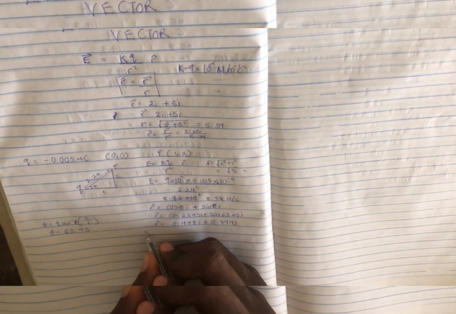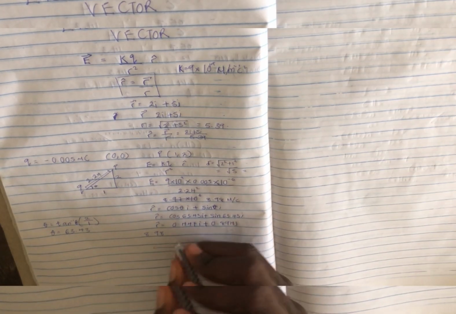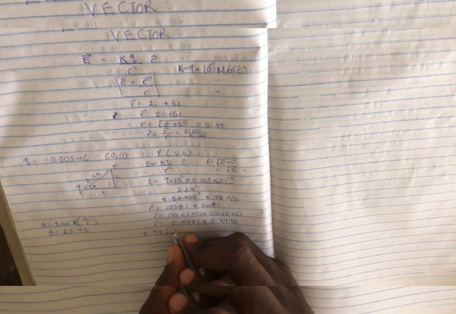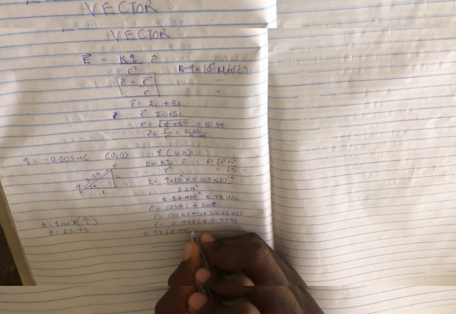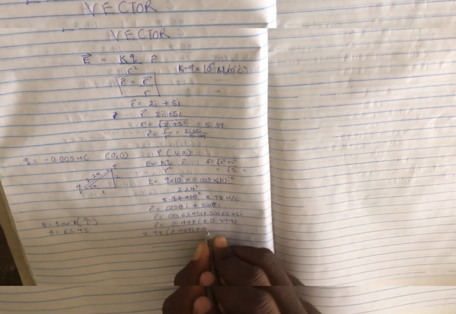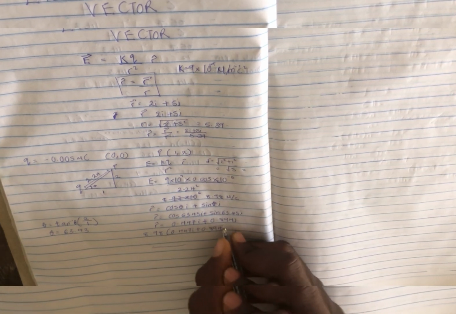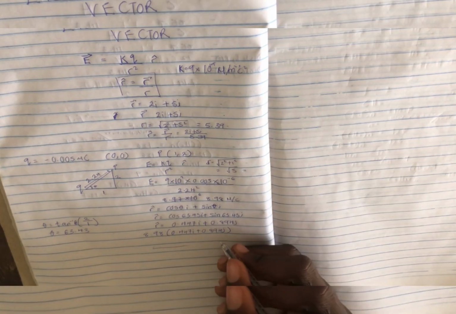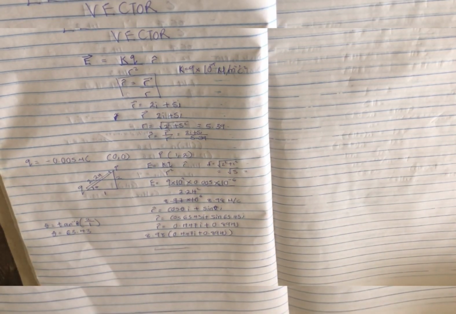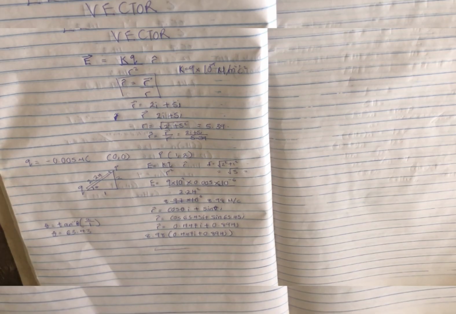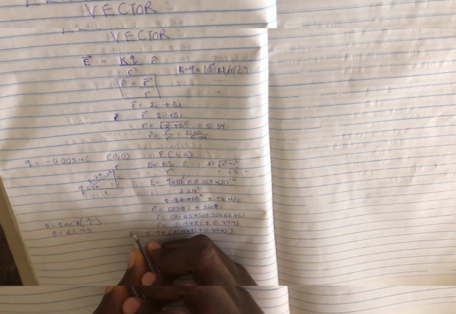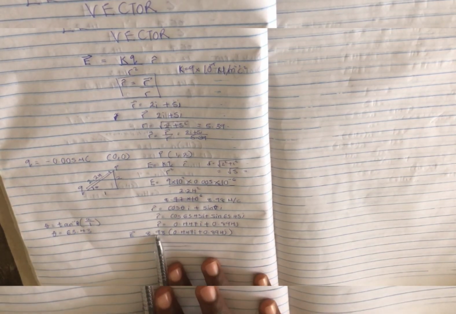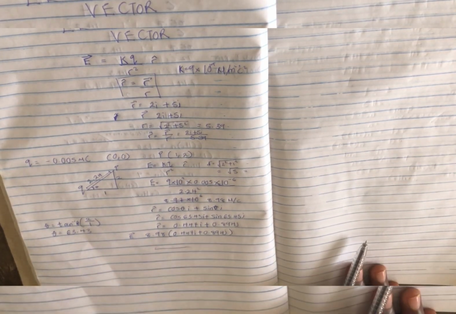That will be 8.98 times the bracket 0.447i plus 0.894j. So this is how you write the final answer for the electric field vector. This is the magnitude and this is the direction.